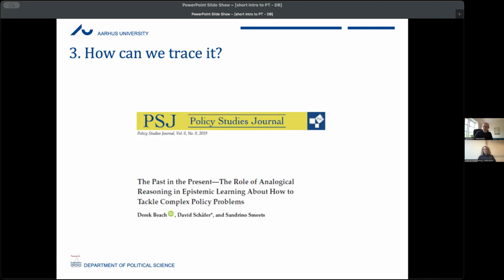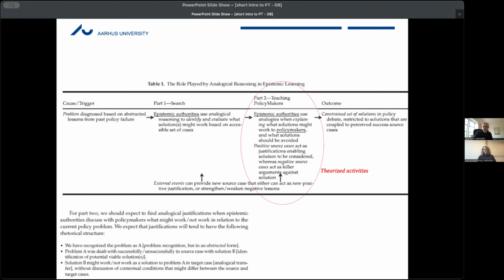Let me just show you an example real briefly. This is from an article where I have an activity where experts are basically teaching policymakers. What you would then do is say, well, in theory, for part two, we should expect to find, and here we put forward empirically what we would expect to find, in abstract terms, a rhetorical structure of these analogical justifications.